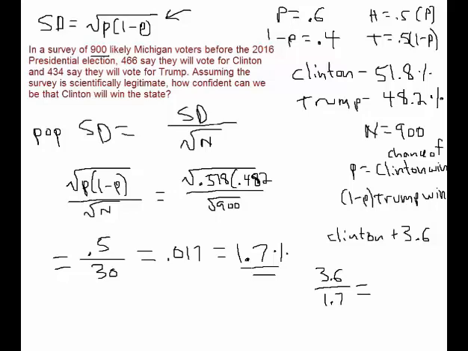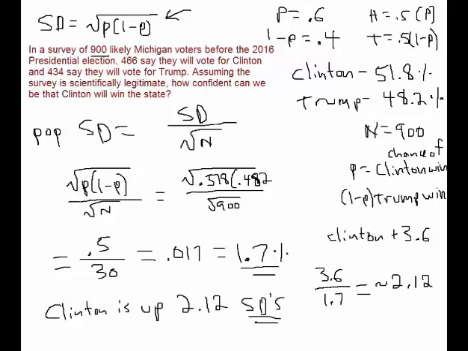That is 2.12, which means Clinton is up 2.12 standard deviations based on our sample size.